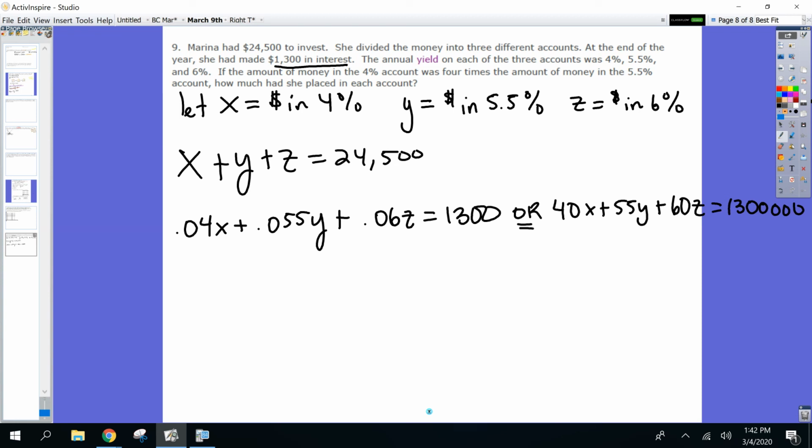All right, I need one more equation though. The amount of money in the 4% account, what was the variable? That's X equals 4 times the amount in the 5.5, that's Y. X equals 4Y. What are you, some of you guys aren't going to like about that?